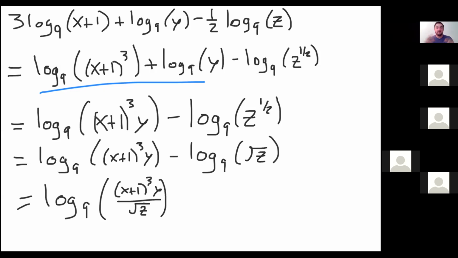So now I have this all in one log, right? It's log base 9 of x plus 1 cubed times y, all divided by the square root of z. That would be your final answer. It's all inside of one log, and I have no coefficients outside of my logs.